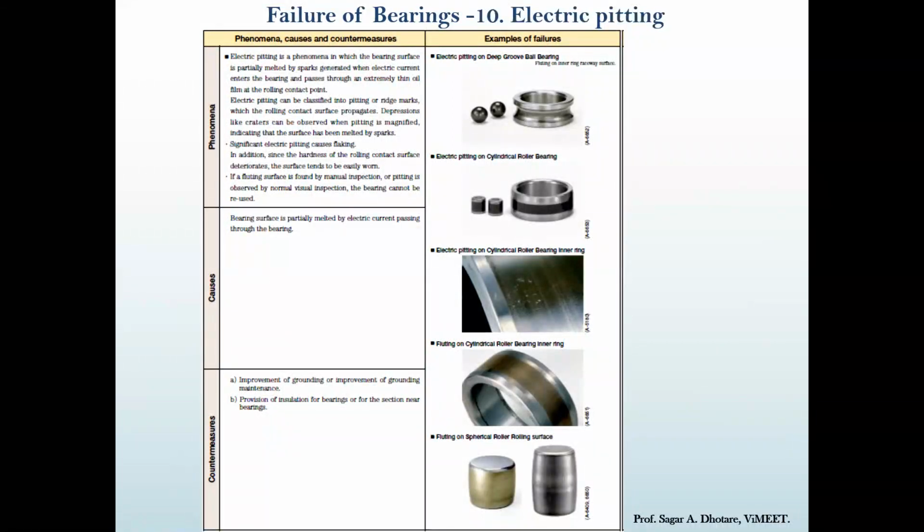The electrical pitting can be classified into pitting or ridge marks, where the rolling contact surface shows depressions like craters. Craters can be observed when the pitting is magnified, indicating that the surface has been melted by spark.